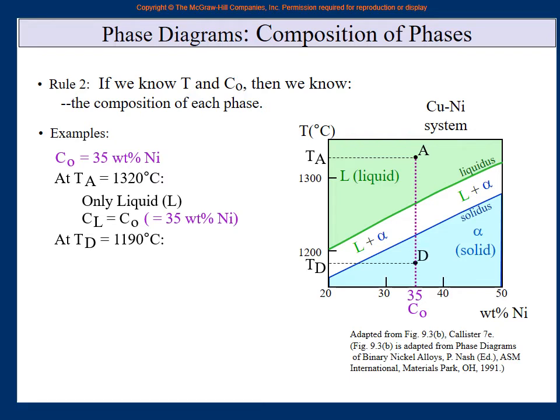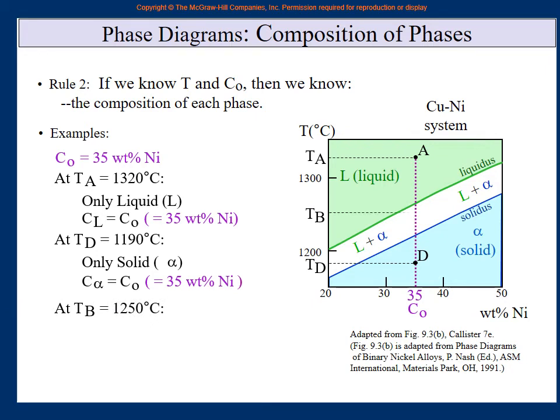Now let us take the same example, but at 1190 Celsius. So now it will be only solid phase alpha, so that would be the answer. And again, because it is only one phase, therefore the composition remains the same as the original composition, 35 weight percent nickel. Now let us take that example where there will be two phases.